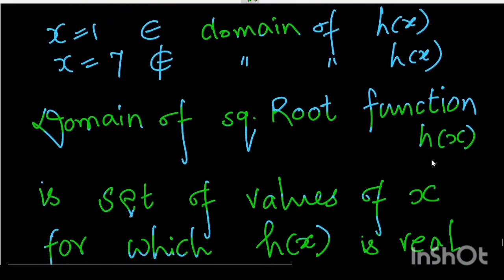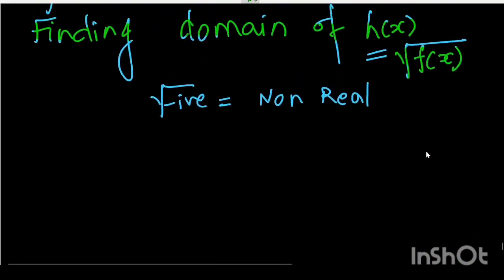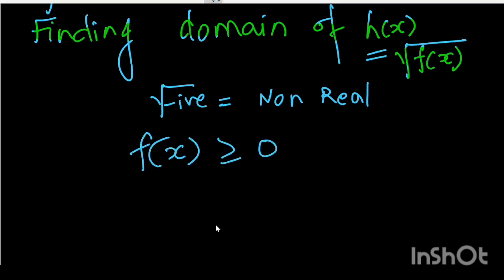So what we need to ensure in order to find the domain of h(x), which is under root of f(x), is that what is inside the under root, that function, must be greater than or equal to 0. So f(x) must be greater than or equal to 0.